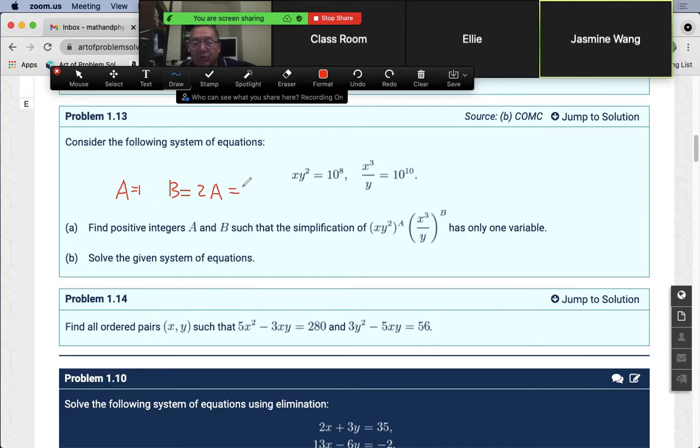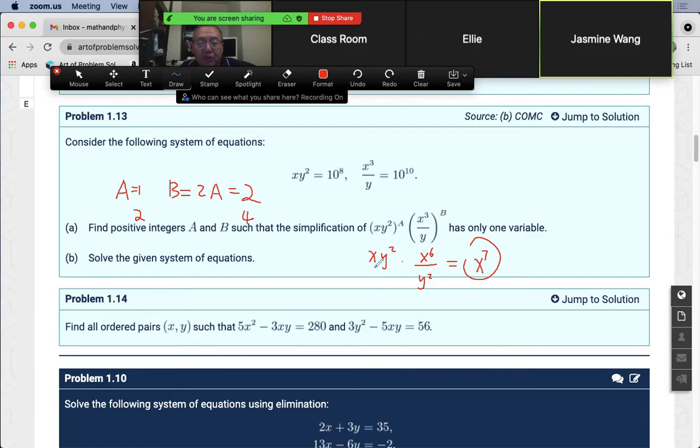Now let's check here. If a equals 1, then this term will be x times y squared. And b equals 2, that will be x power 6 over y power 2. So you can see we got x power 7, right? So that's only related to one variable. Now if a equals 2, then b will equal 4.